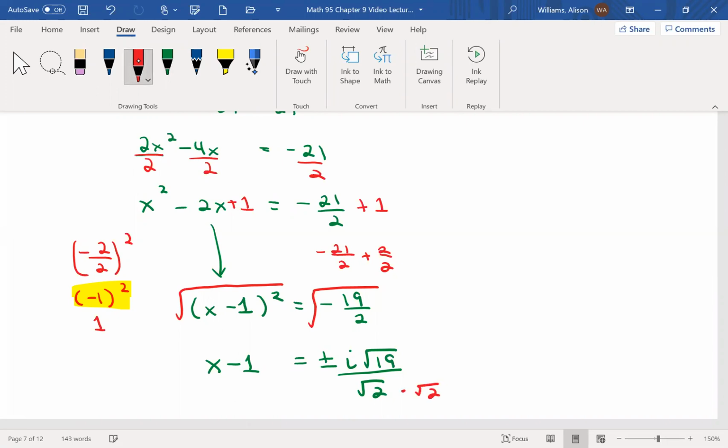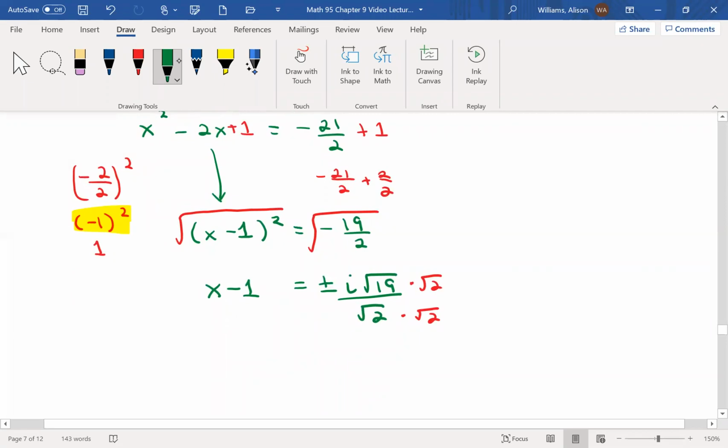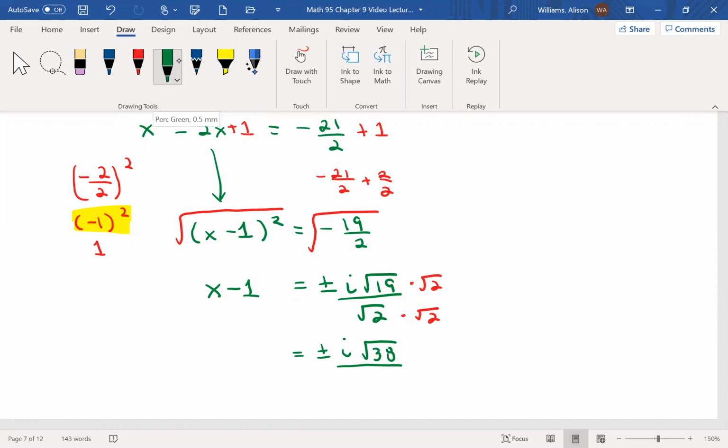So the way I do that is I multiply top and bottom by radical 2. So that's going to give me plus or minus i. So square root of 19 times square root of 2 is square root of 38. And then in the denominator, square root of 2 times square root of 2 is square root of 4, or just 2, which is the point. It gets rid of the radical in the denominator. All right, and this just has an x minus 1.